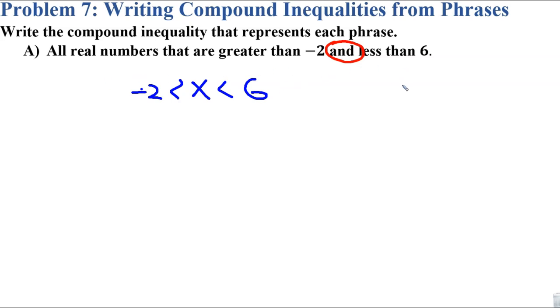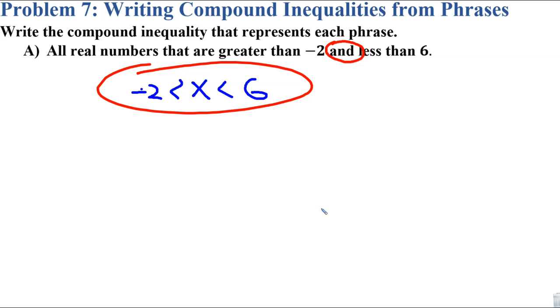Doesn't say or equal to anywhere, so we don't have any lines underneath our inequalities. Pretty straightforward, but that's our inequality in expression form. Okay, part B is the same idea, going from another mathematical phrase to an expression. I want you to take a minute, pause the video, run through that one, and then check your answer before you move on.